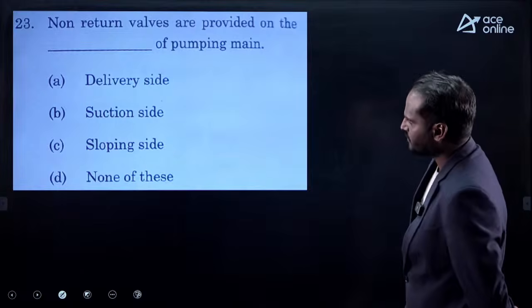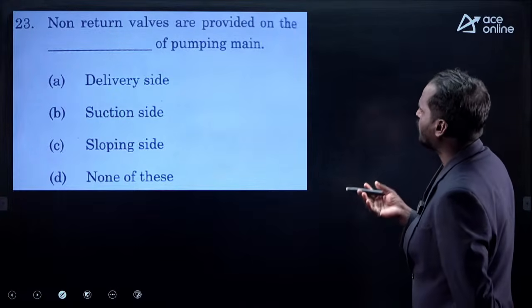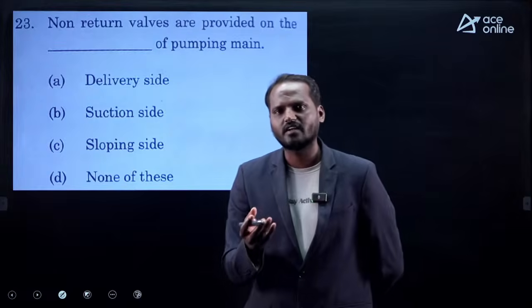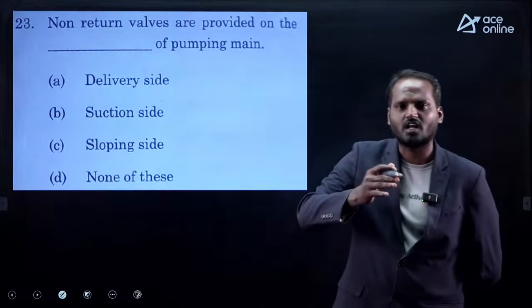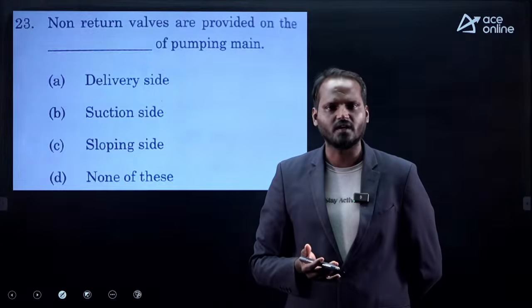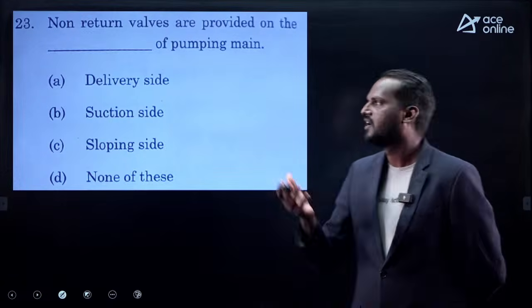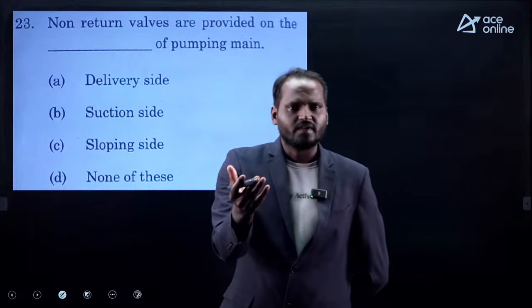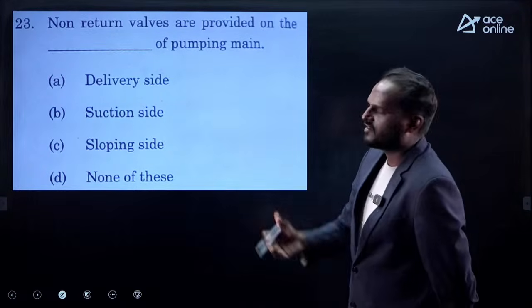Look at this. Non-return valves are provided on the dash of a pumping main. You know the non-return valve. The purpose of the valve is that it allows water in one particular direction. It checks the reverse flow, right? That is the basic purpose of a non-return valve or check valve.